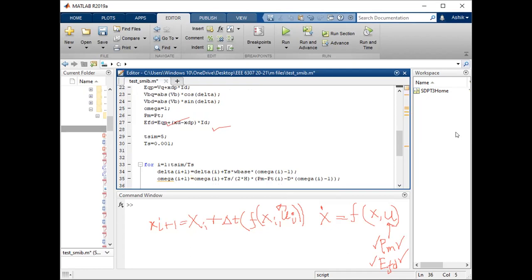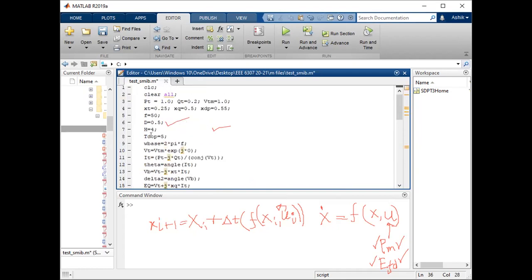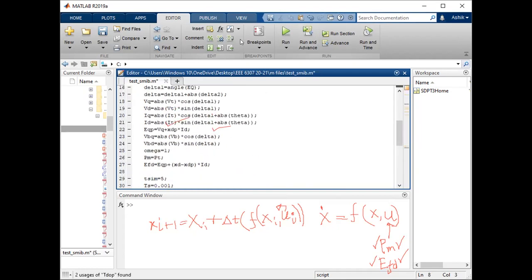For the third equation, we have EQ prime dot. So we write it like EQ prime I plus 1 equals EQ prime I plus TS divided by, we have 1 upon TDO prime there, remember. So did we take TDO prime? Yes, we have taken TDO prime earlier, so we leave it.